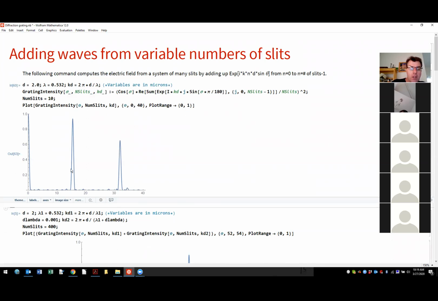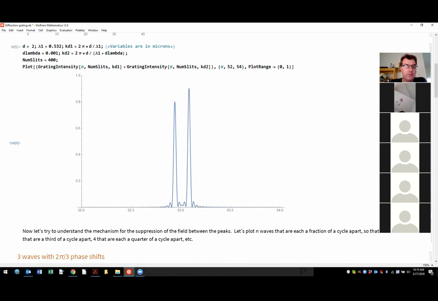All right? You know that if you have a large number of slits, the light you're getting here must only be because of some other wavelength present, not 0.532 microns.